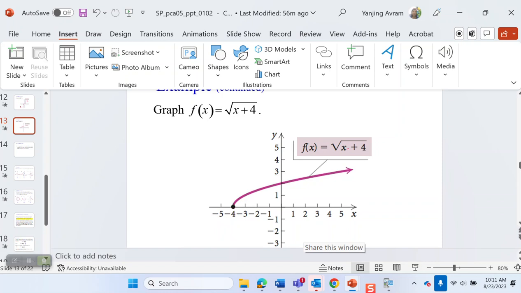The x value only starts with -4, and we're gonna talk about why this is later. All right, that is called a domain. Domain of the x value, this one doesn't graph all real numbers for the x, okay? Only graph x starting from -4 because this is a square root.